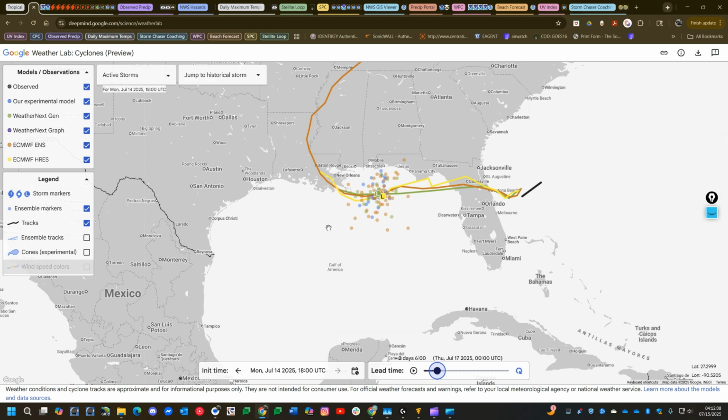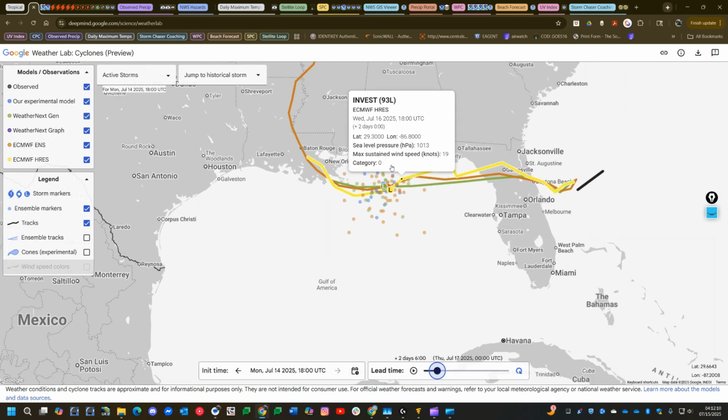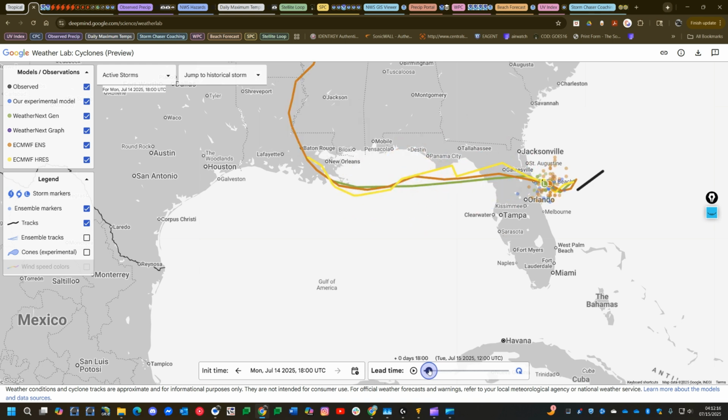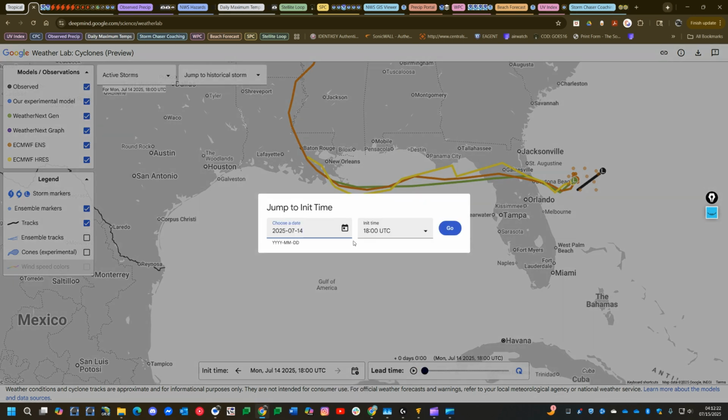You have the EC, and there are a lot more model members in the different models. This is the 14th, but let me move forward, see if I can move to today.